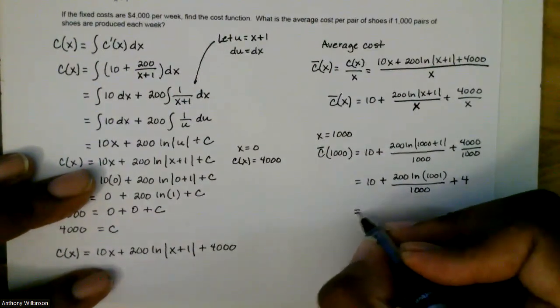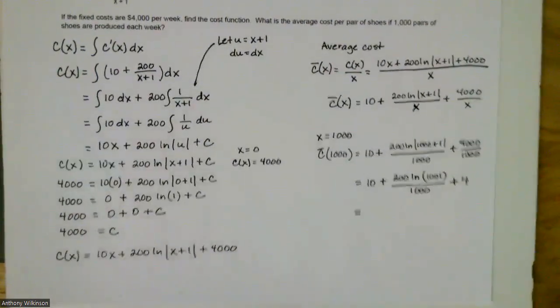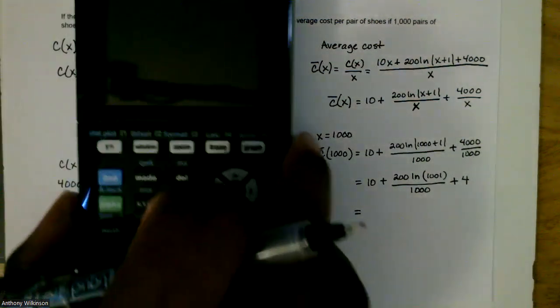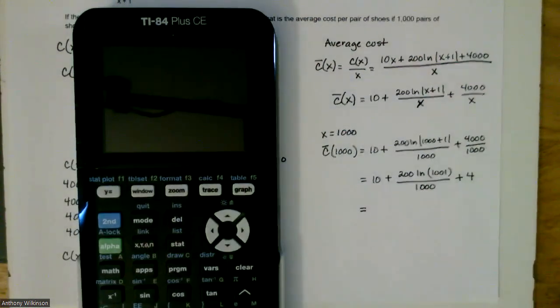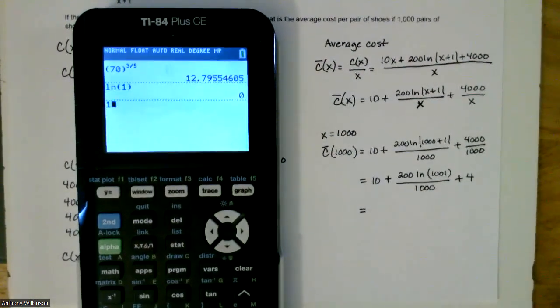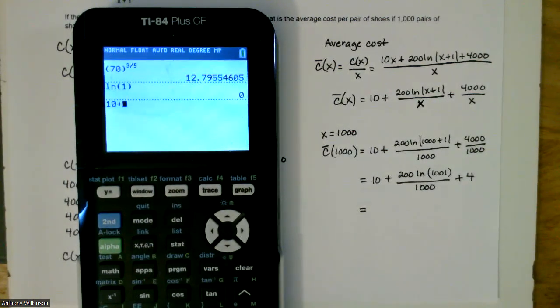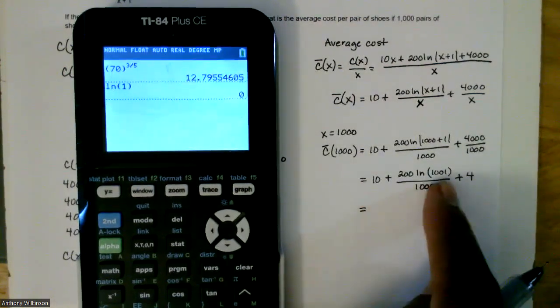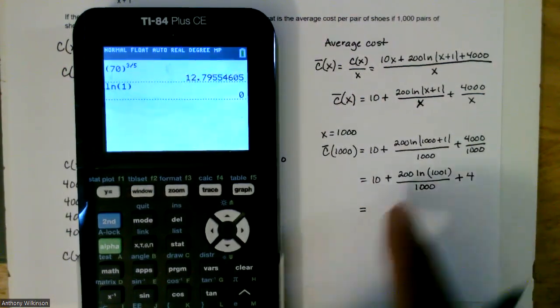And this we'll have to type into the calculator. And they want this answer to 2 decimal places, by the way, since we're dealing with money amounts. So here we got 10 plus, well, I'll tell you what, let me do this 200 ln of 1,001 first, divided by 1,000.